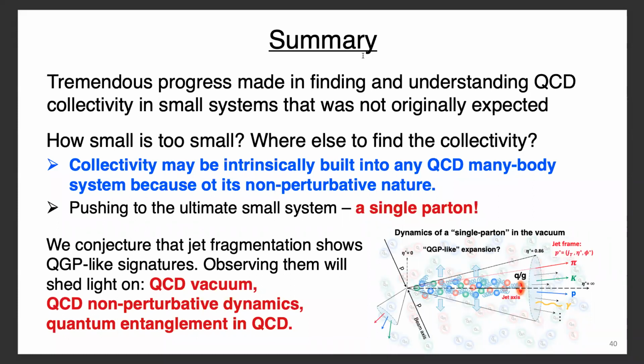You need to create some perturbation in the vacuum to excite the vacuum from the ground state to some excited state, and then generate energy and expand, right? You can do that without colliding two objects. You can do that by just maybe shooting a particle into the vacuum. As long as the multiplicity is high enough, the effect could always show up. Yeah, that's the takeaway message.